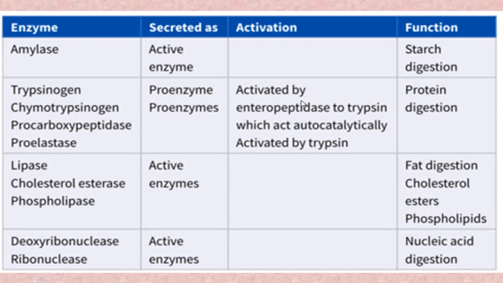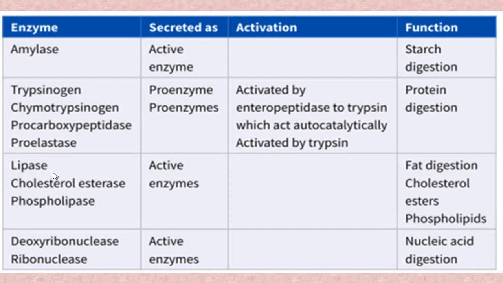They are converted by enteropeptidase or enterokinase, and then by trypsin as well. Trypsinogen is converted into trypsin, chymotrypsinogen into chymotrypsin, procarboxypeptidase into carboxypeptidase, and proelastase into elastase. These all are protein digesting enzymes and are responsible for the digestion of proteins.